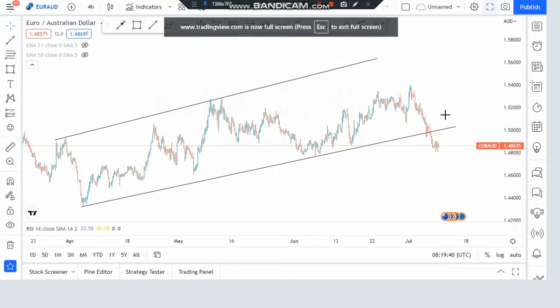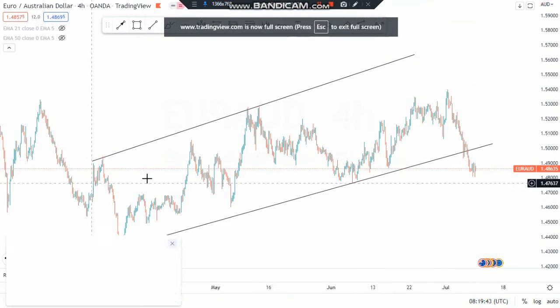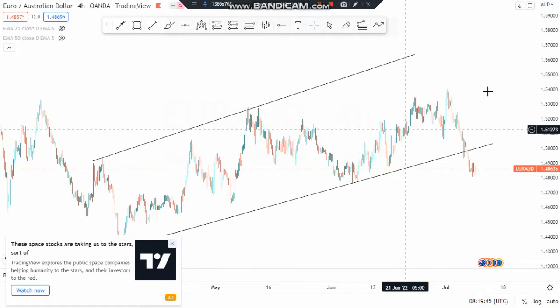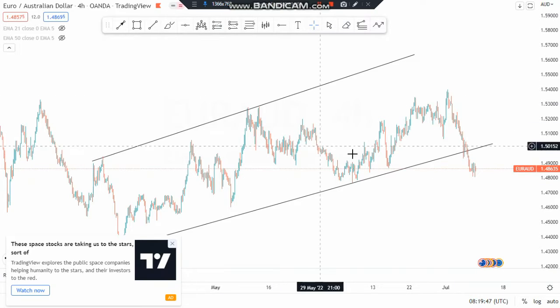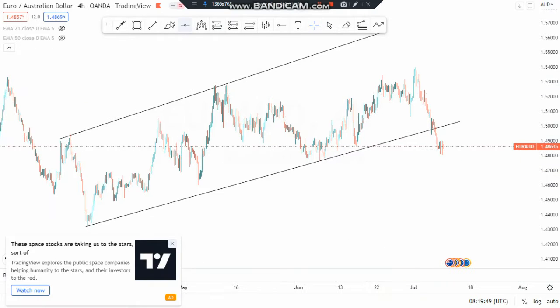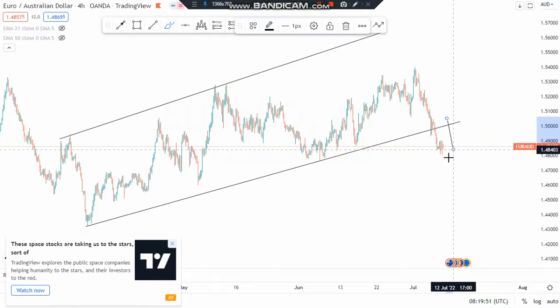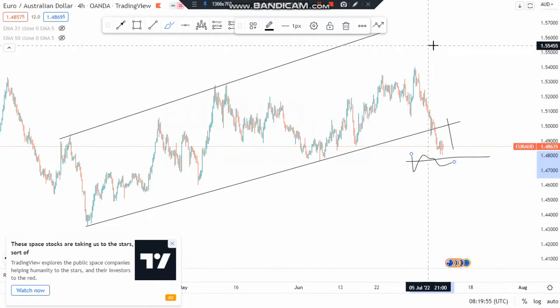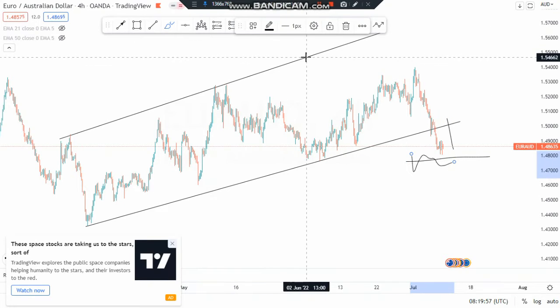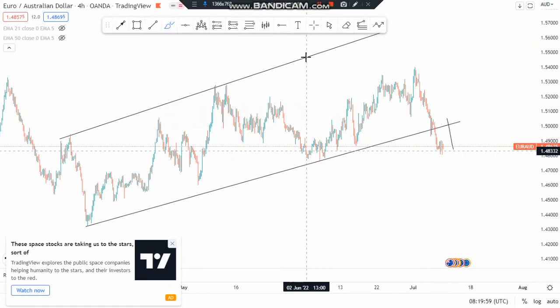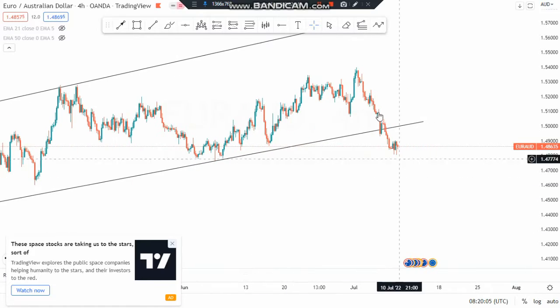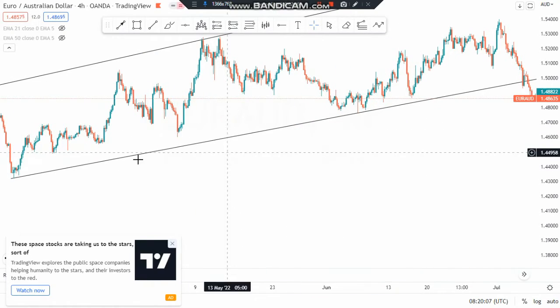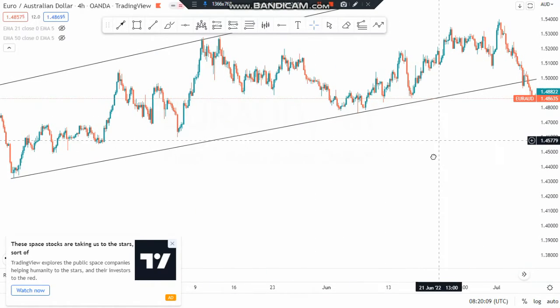So as you can see, this is the trend that we have, and the price was playing in this trend, and it actually broke below here. So this is where the price is now. So let me just remove this. So this is what we have, guys. Our price is below this supporting trend line that we had here.